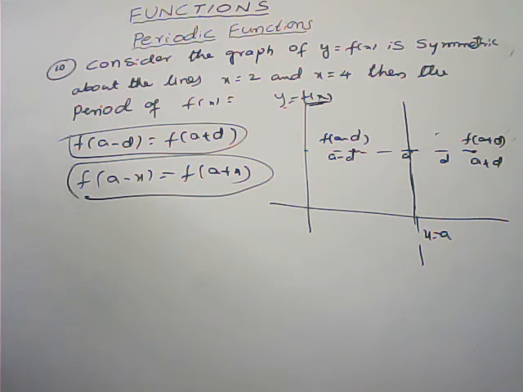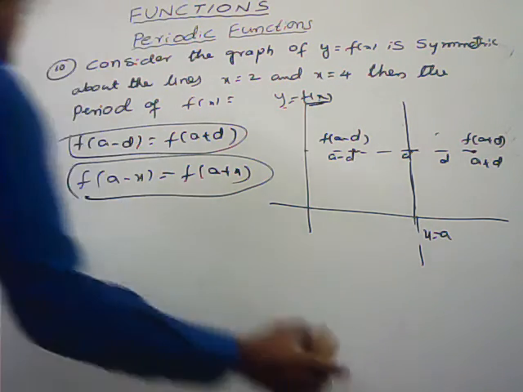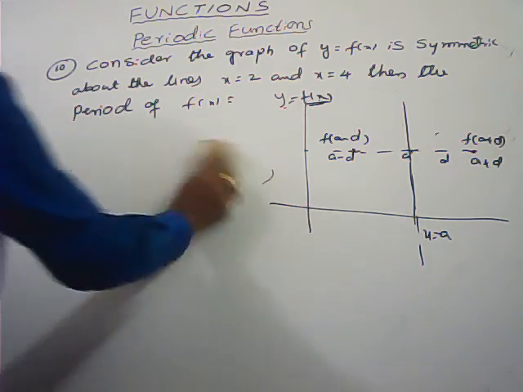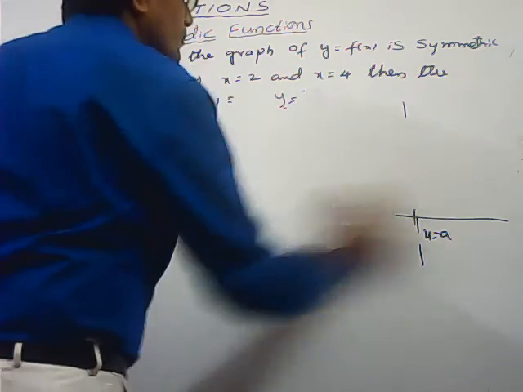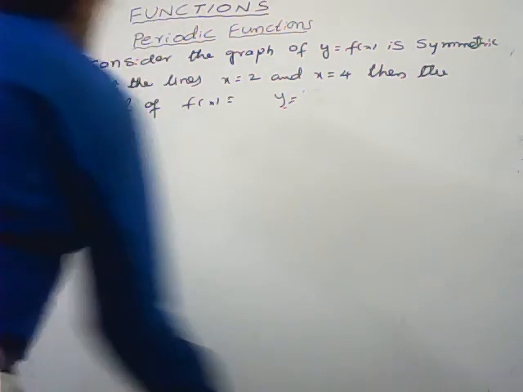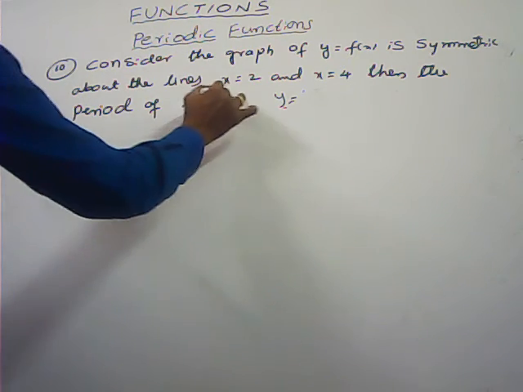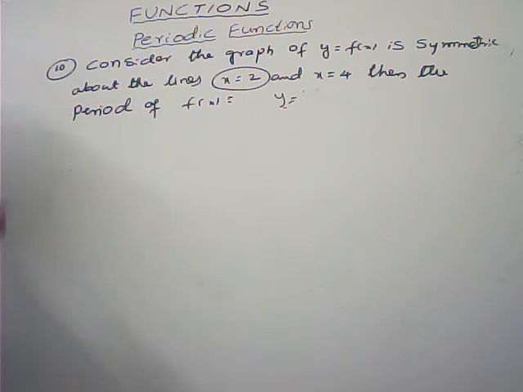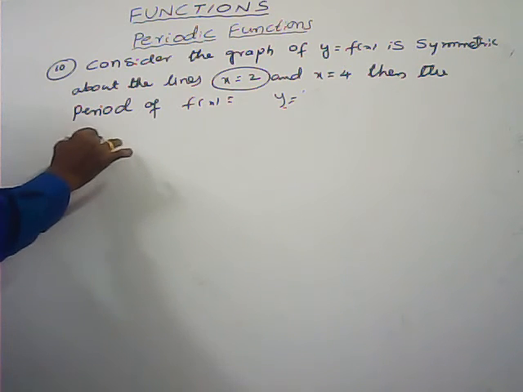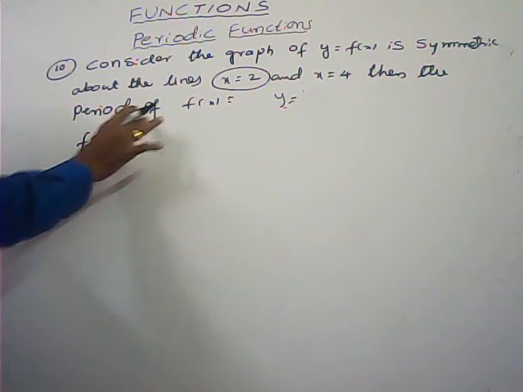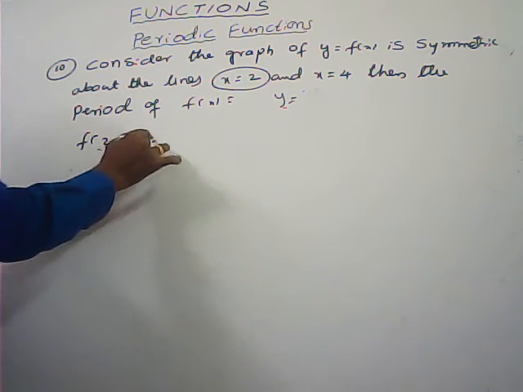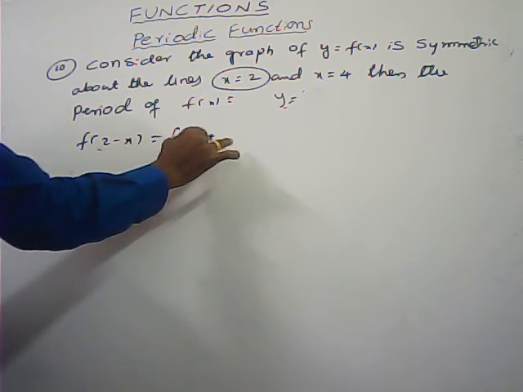Now in this question, what they mentioned here: y equals f of x is symmetric about the line x equals 2. If it is symmetric about the line x equals 2, we can write f of 2 minus x equals f of 2 plus x.